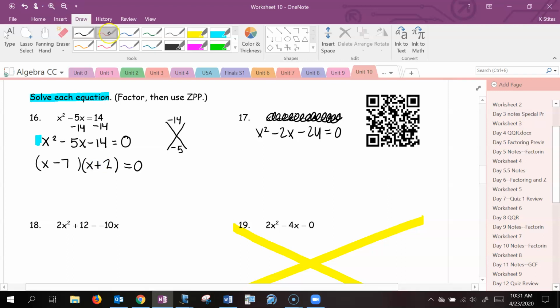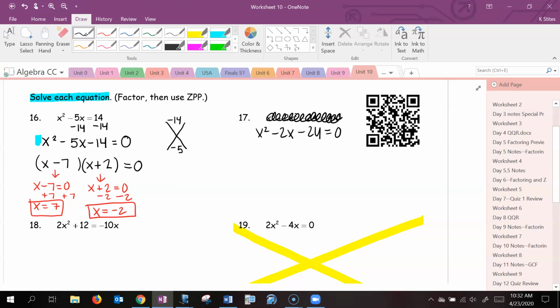Since we have this equals 0, we do actually have to solve this. So we will go ahead and set each of these guys equal to 0. Remember, we can't do this until we're in factored form. Okay, so I've just added my 7 to both sides and I'll subtract my 2 to both sides. And these are your answers. And again, these are going to represent your x-intercepts or your zeros of your parabola.